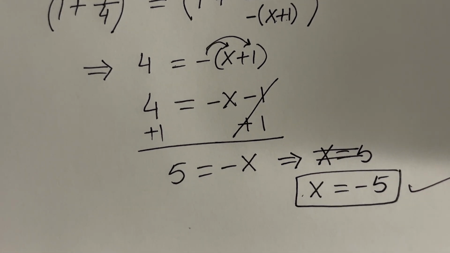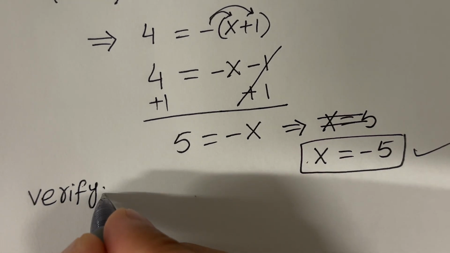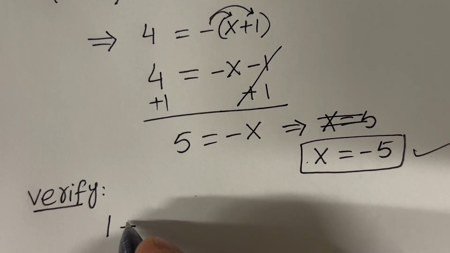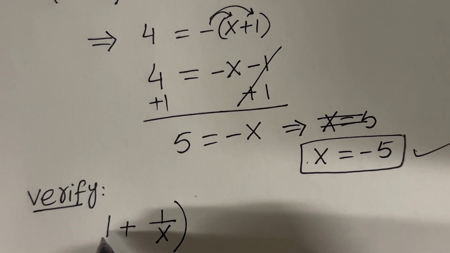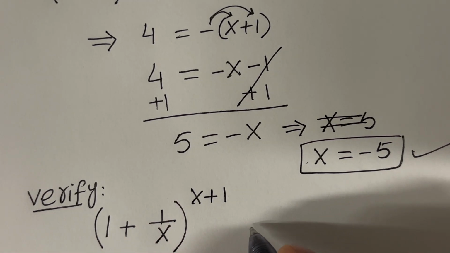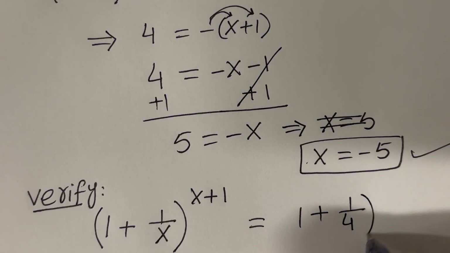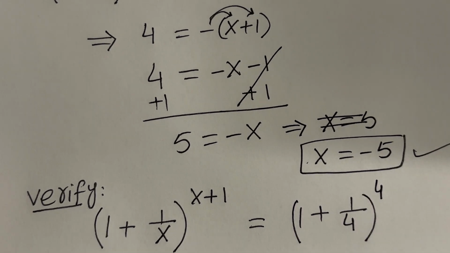This is the solution, and we want to see if it satisfies the given equation or not. The given equation was 1 plus 1 over x raised to the power x plus 1, and we want to see if it is equal to 1 plus 1 over 4 raised to the power 4, right?